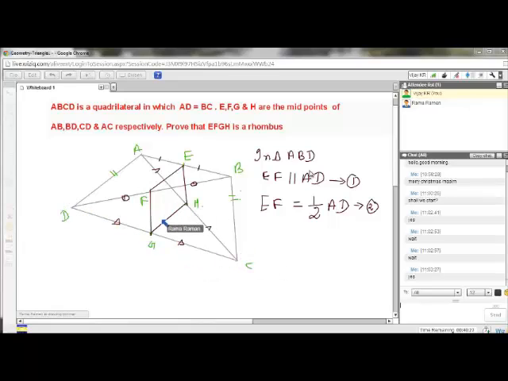So, joining H and G, we will have HG parallel to AD and HG half of AD. So, HG is parallel to AD, mark it as relation 3, and HG is half of AD, mark it as relation 4.